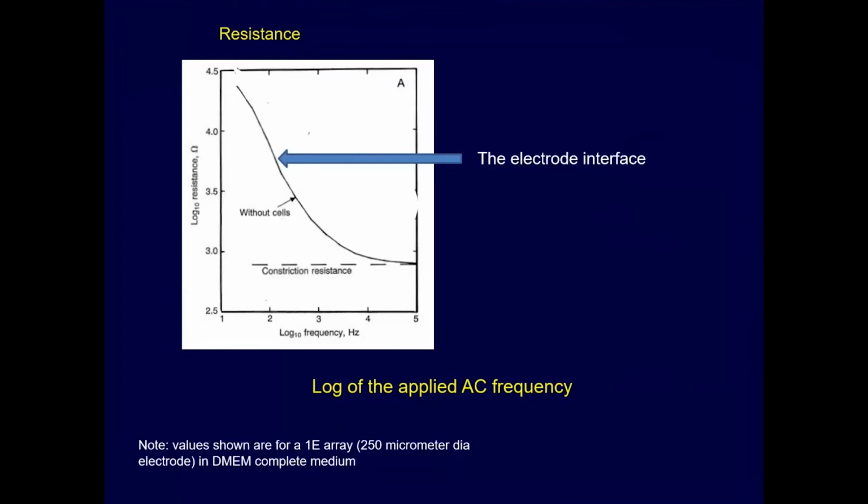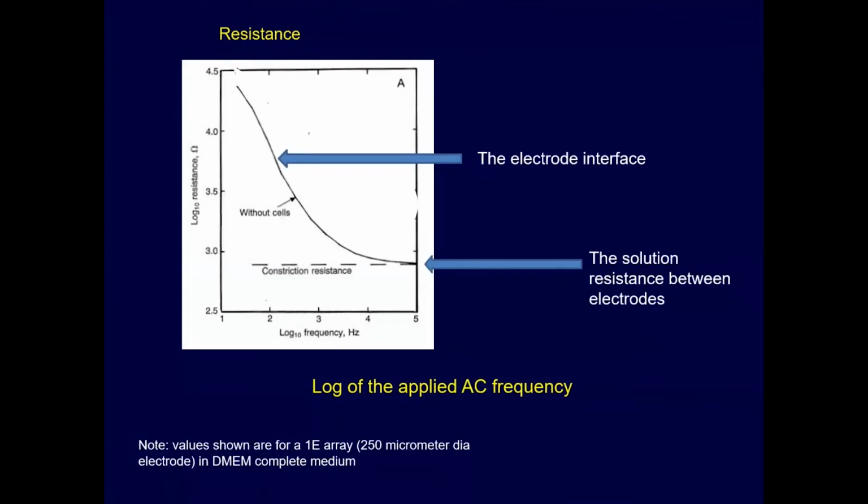And it keeps dropping, except in the long run, we have the resistance of the solution between the measuring electrodes, and this doesn't depend on frequency. So this log-log plot of what looks like the interface electrode resistance, which is pretty much a straight line, does bottom out and turns over to reach this constant solution resistance.